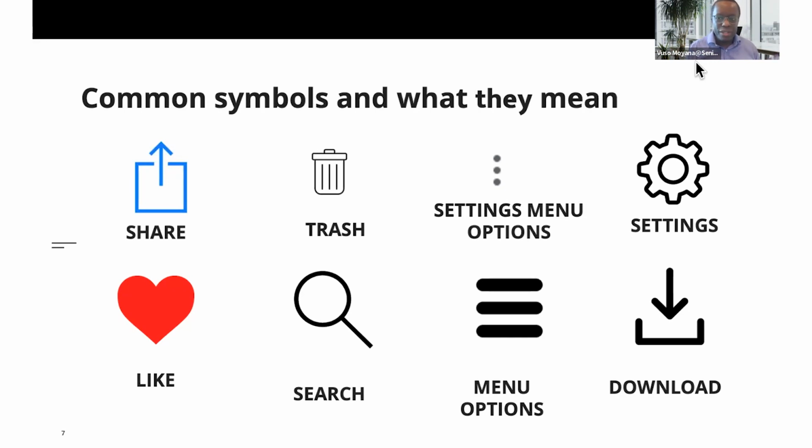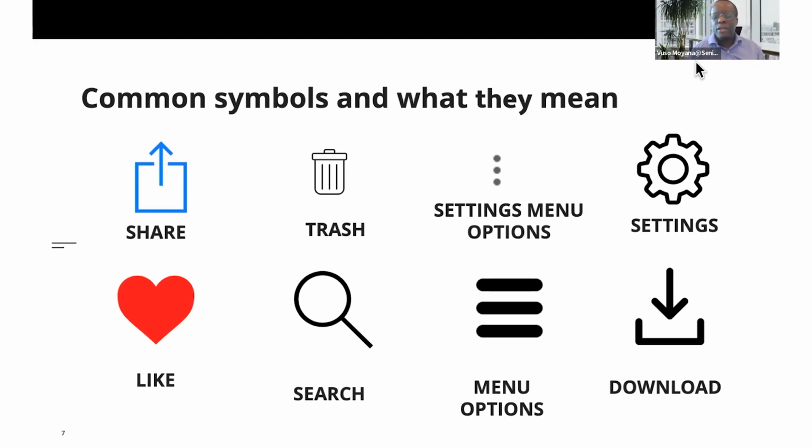If you are on social media or have used any app where you are able to express your appreciation for something, you'll be familiar with the like symbol, which is usually a heart and has become a universal symbol now. Then you have the magnifying glass, which allows you to perform a search, whether it's on the internet or within the iPad itself or your iPhone.